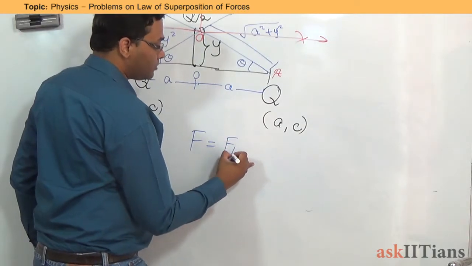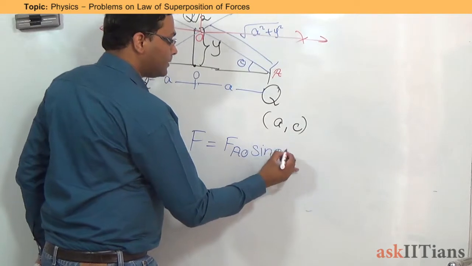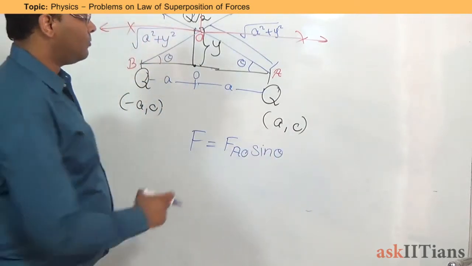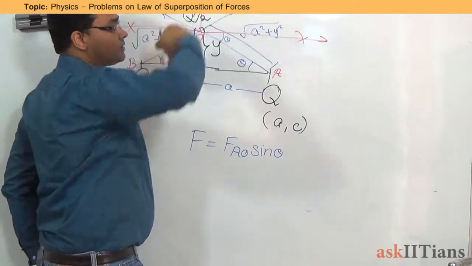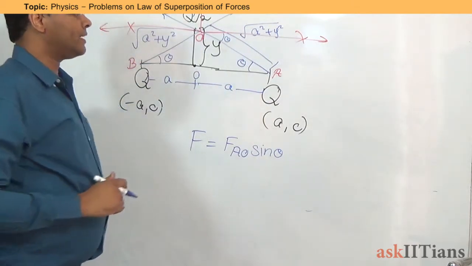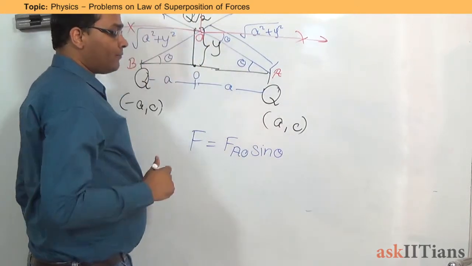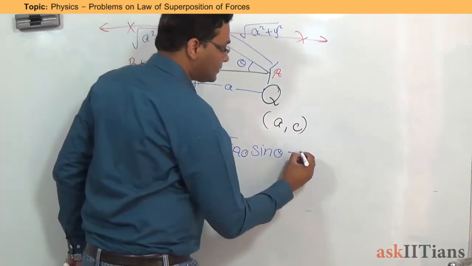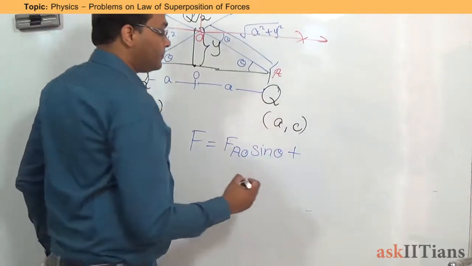This is going to be equal to F_AO sine theta, because this angle is theta, so this angle will also be theta, and it's basically the vertical direction that we are referring to. So we have F_AO sine theta plus F_BO sine theta.